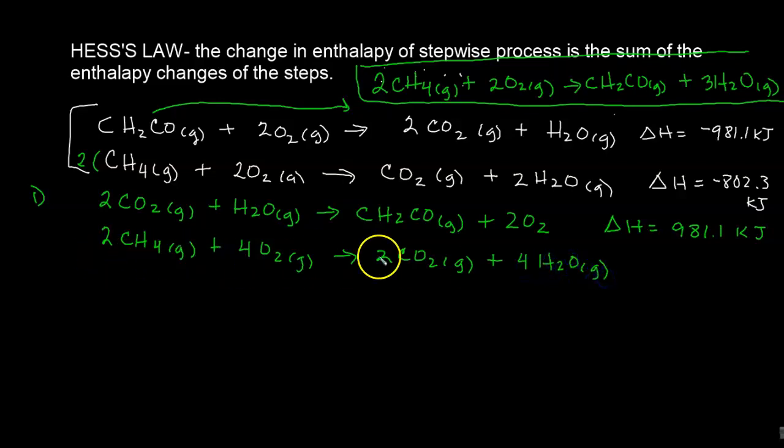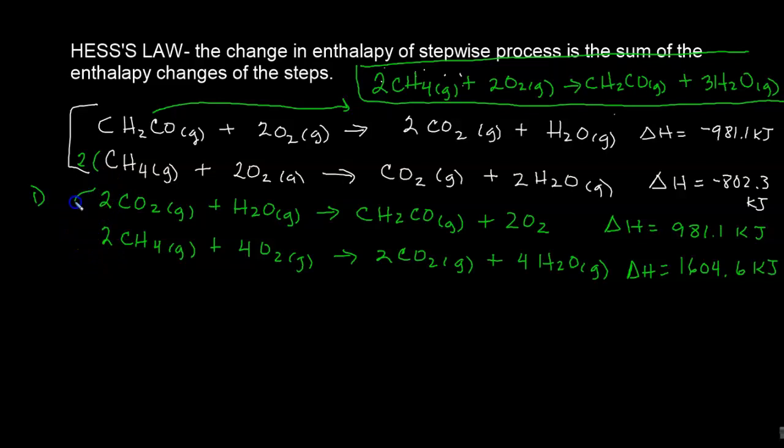Again, since I multiplied this entire equation by 2, I also must multiply my heat of reaction by 2. And so that's 802.3. I'd probably do that in my head, but it's late, so I'll do it on a calculator. 802.3 times 2 is 1,604.6 kilojoules.